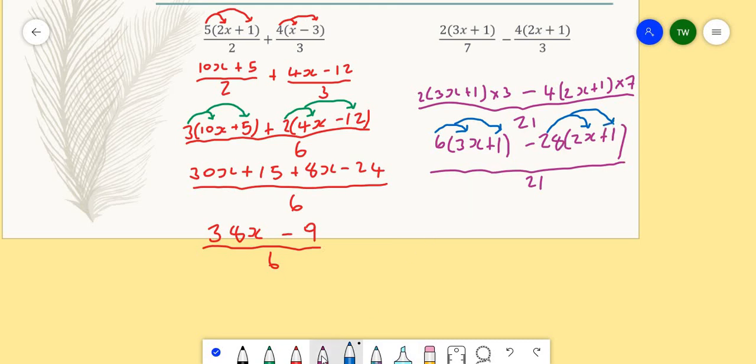So at this stage, 6 times 3x, that's going to give us 18x, and 6 times positive 1, that's going to give us positive 6. This stage now, remember to treat this as a negative number, so it's going to be negative 28 times 2x, that's going to give us negative 54x, right?